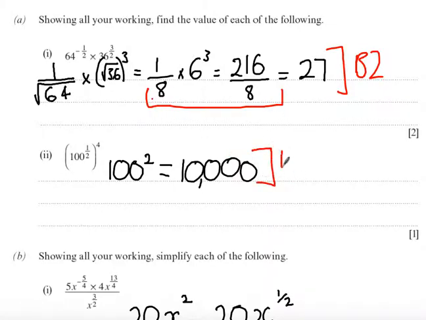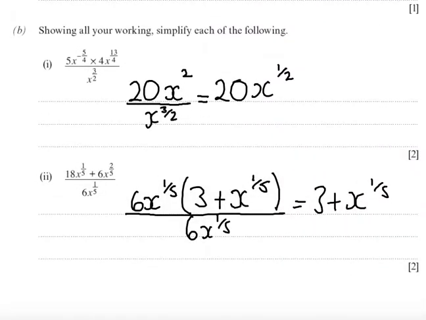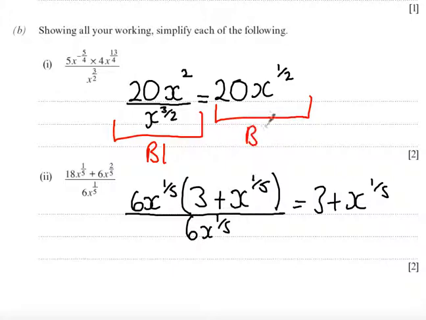In part 2, we just get the B1 mark for getting to 10,000. Part B, we get B1 for showing how we've simplified the numerator, and then B1 mark for getting 20x to the power of a half, or if you want to write it as 20 square root of x, that's fine as well.